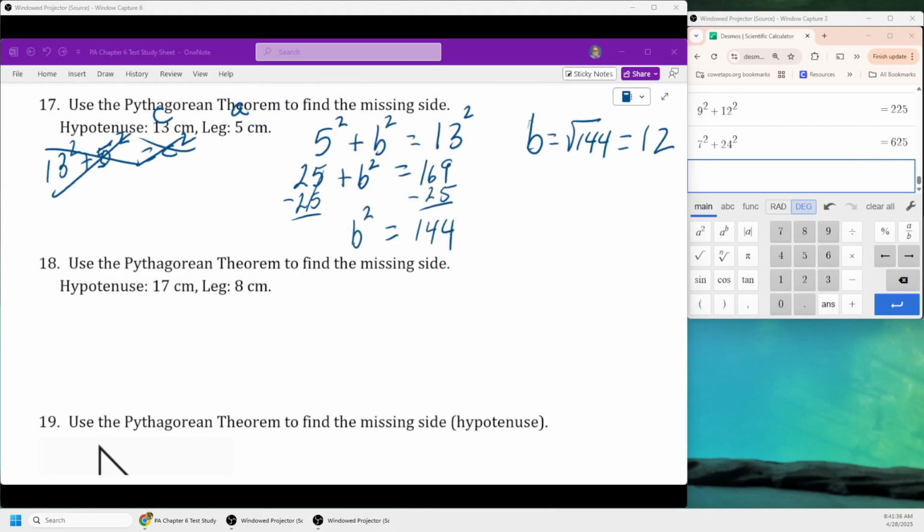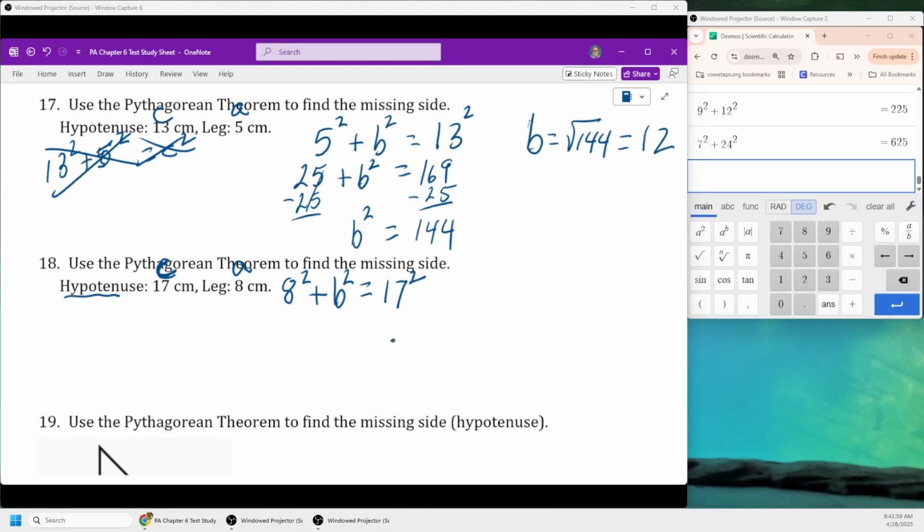Here on 18, it's just like we did on 17. They give you the hypotenuse, so that means 17 is the C, and the first leg is A. You could also call it B if you wanted. So we're going to go 8 squared plus B squared is equal to 17 squared.